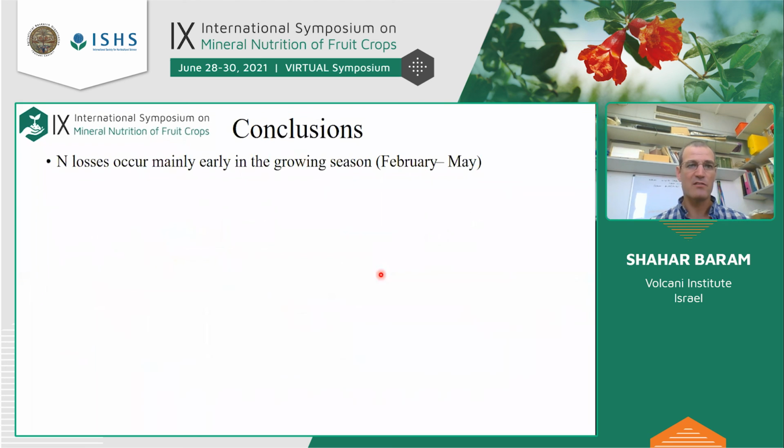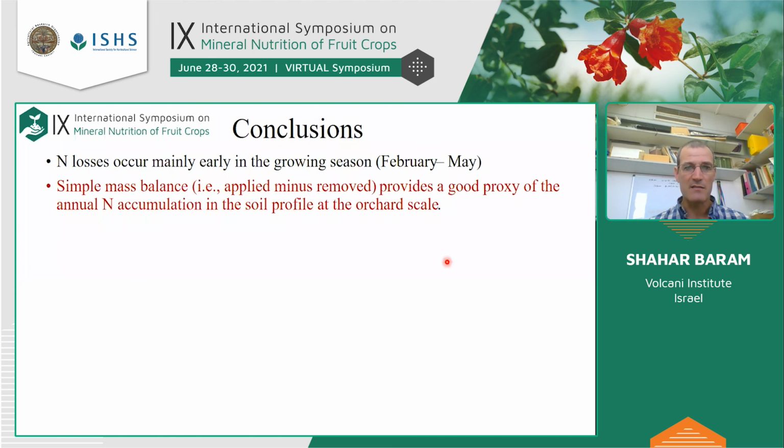So if we conclude, N losses occur mainly early in the growing season, when the soil is still wet, fertilizer is applied, and the trees are not fully active yet. So that's from February to May. A simple mass balance provides a good proxy of the annual leaching accumulation in the soil profile at the orchard scale, and basically what would propagate into the groundwater.